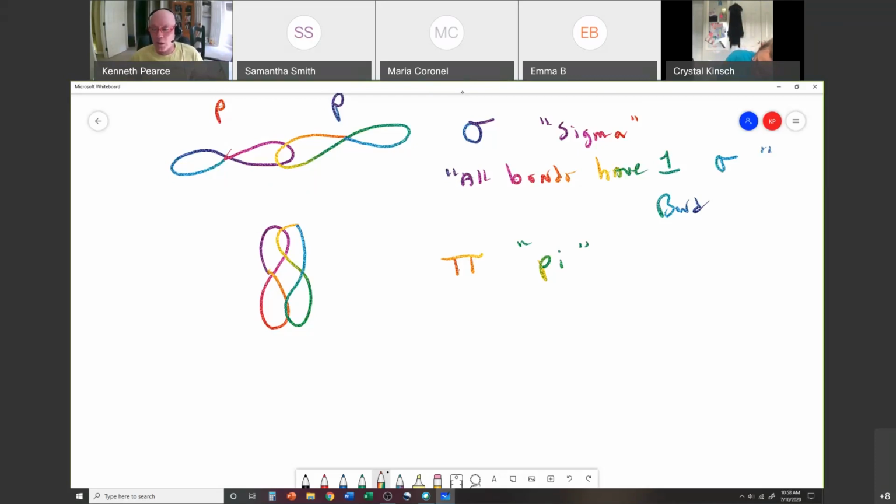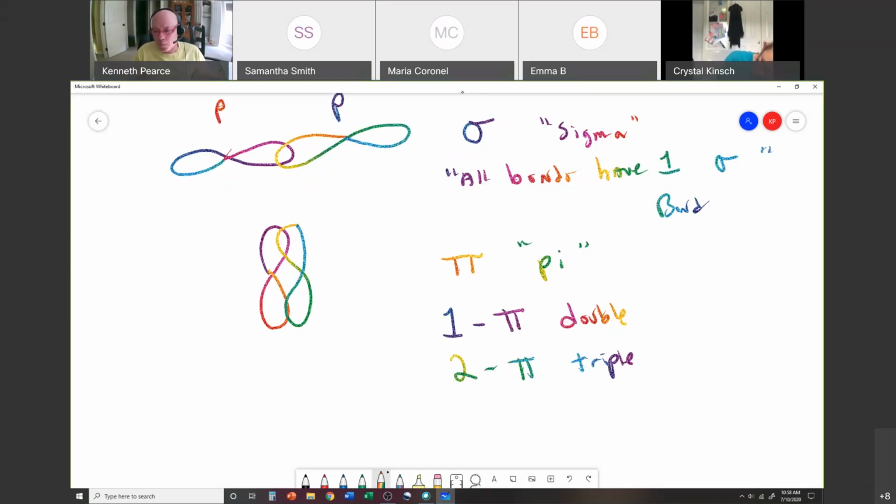If you have a bond, it has one sigma. All right? It does not have 0. It does not have 2. It has one sigma. Pi bonds are 1 pi for a double and 2 pi for a triple.